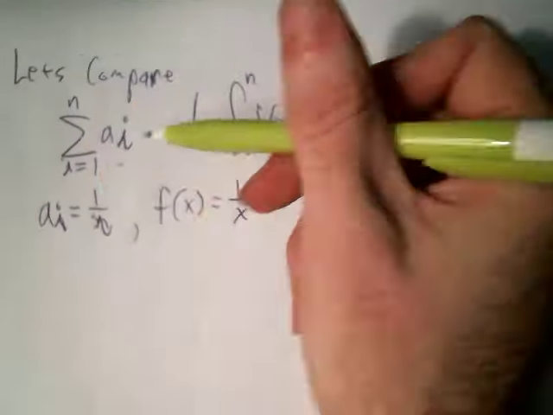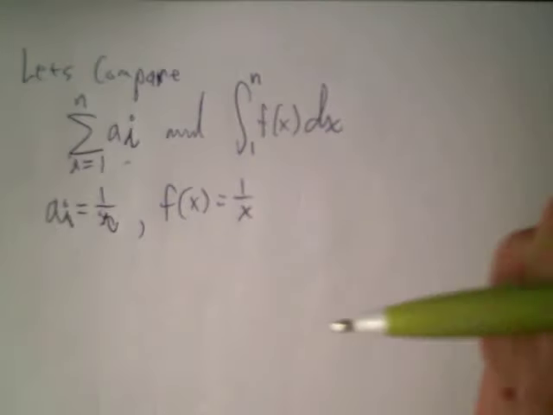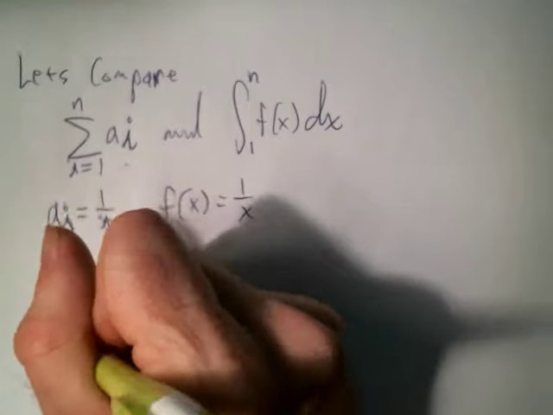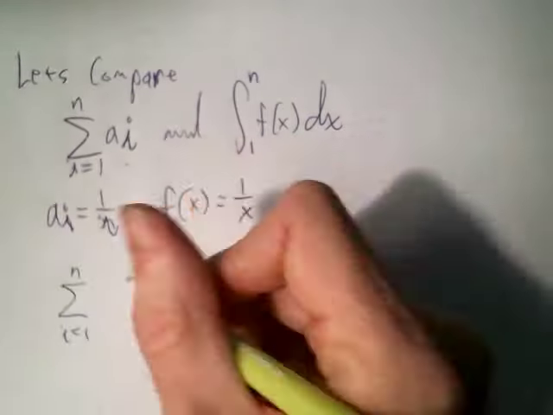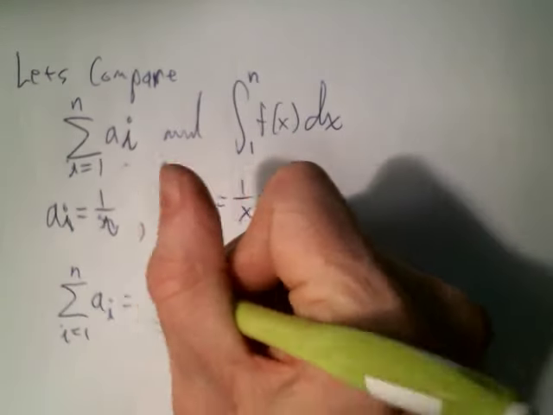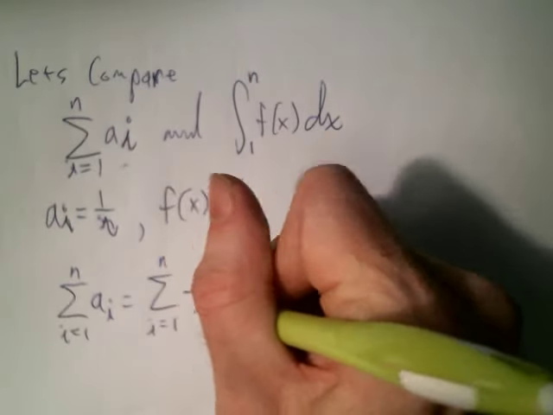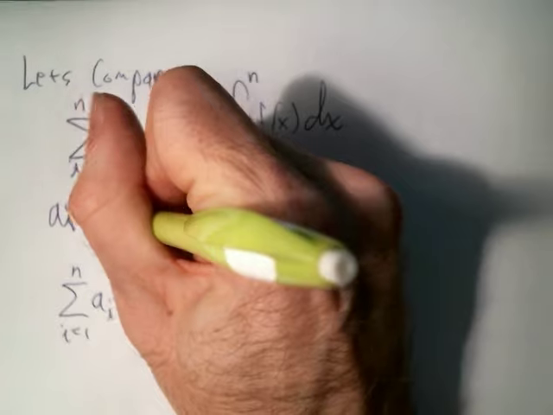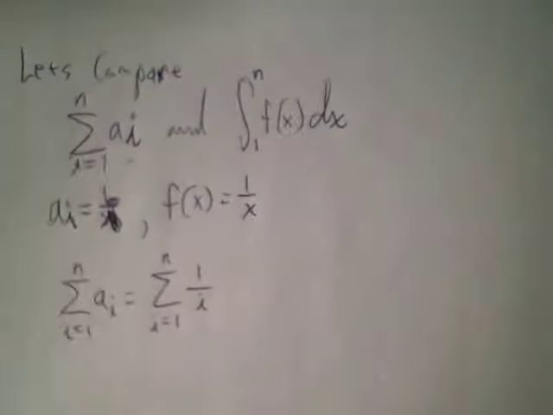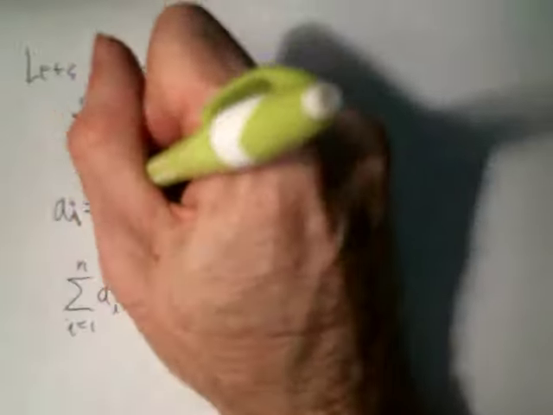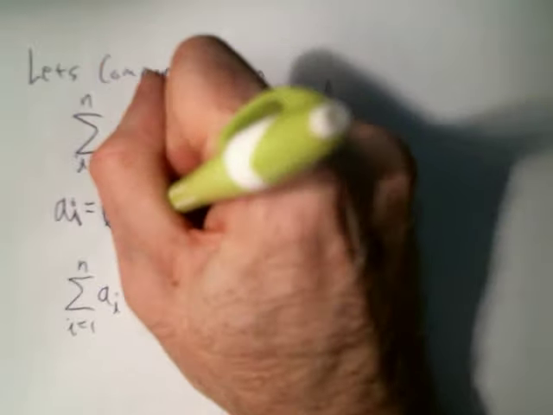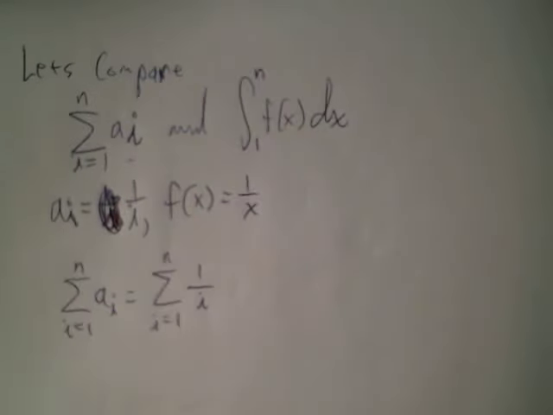Okay, so what is this thing here? The sum from i equals 1 to n of a sub i is the same as the sum from i equals 1 to n of 1 over i. That's this ugly thing that I had to smush in because I accidentally wrote an n. Okay, that's that.